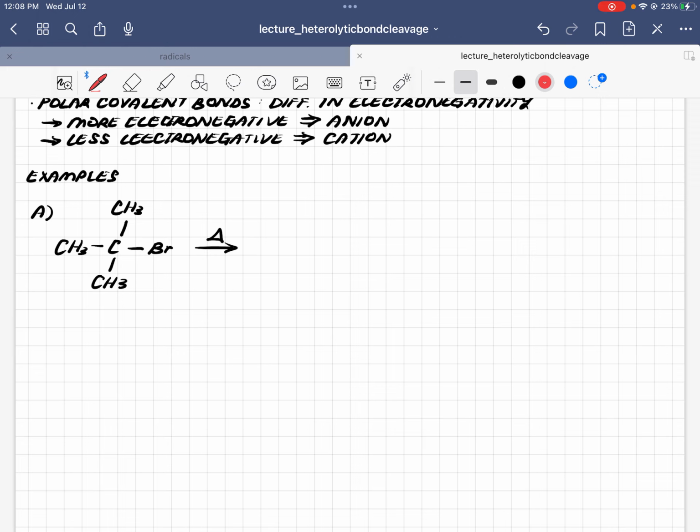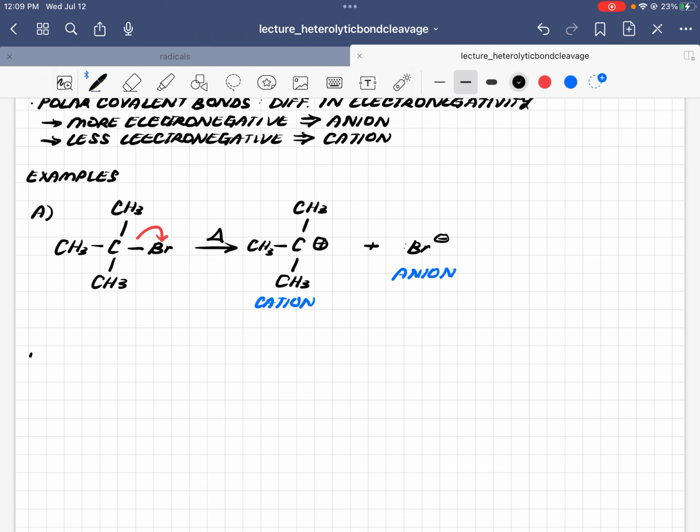So what might happen is carbon transfers its electrons to bromine, and we have the formation of a positively charged species here, which we call the cation, plus the formation of a negatively charged species here, which we call the anion.